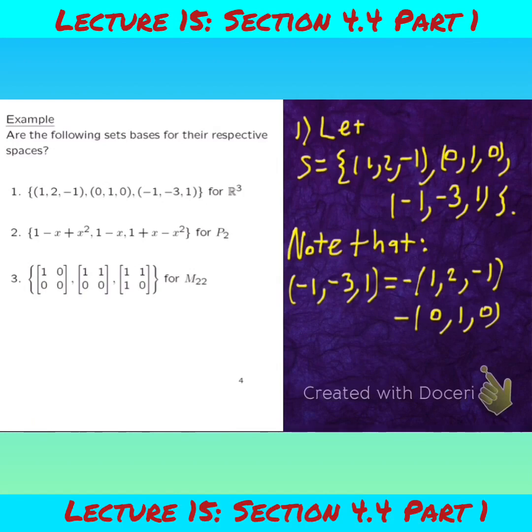If you add those two vectors up on the right hand side, you get the vector on the left hand side.